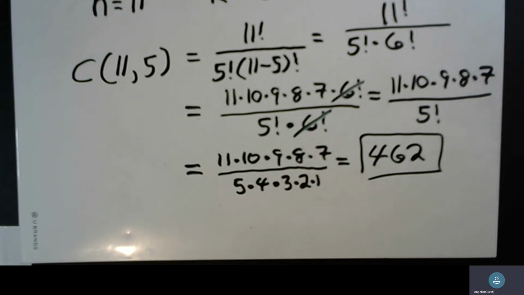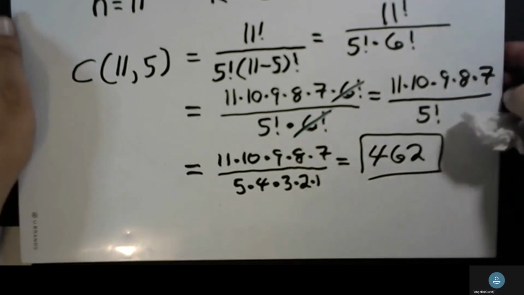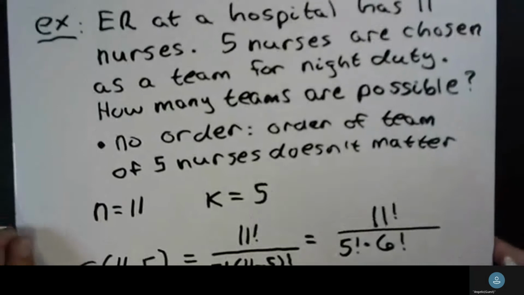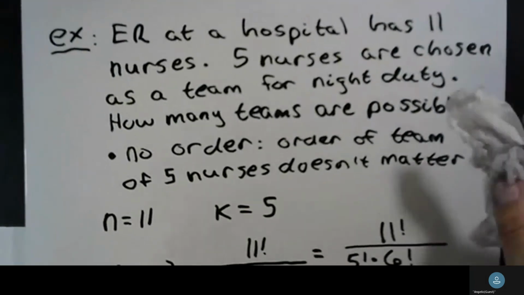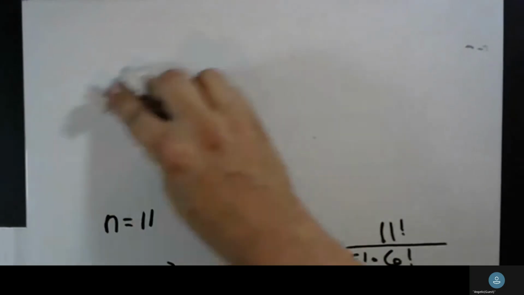So the last question I want to do, it's along these lines. It's kind of a complicated one, but it's a good one. And one of the things you're going to get when you're dealing with combinations and permutations is cards. You're going to be doing things with a deck of cards.